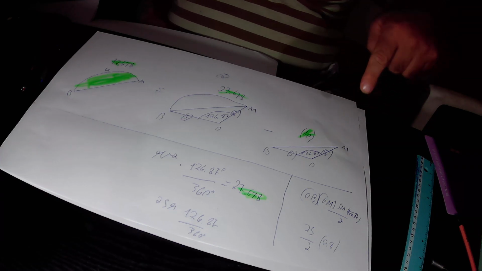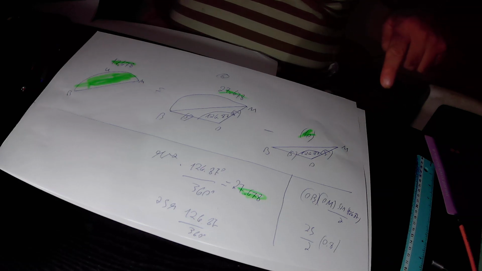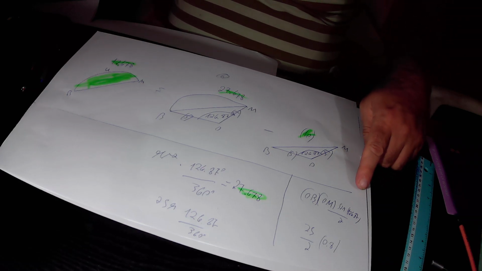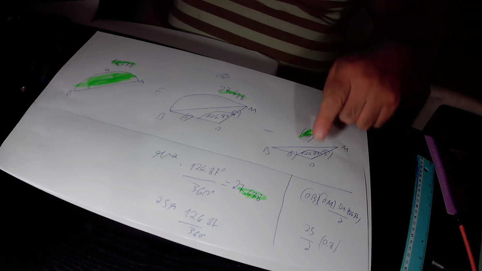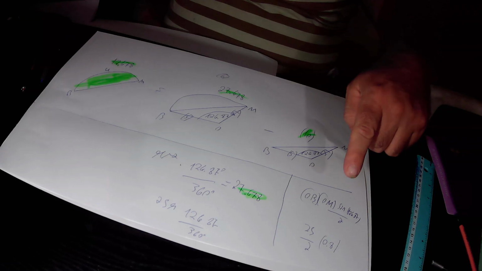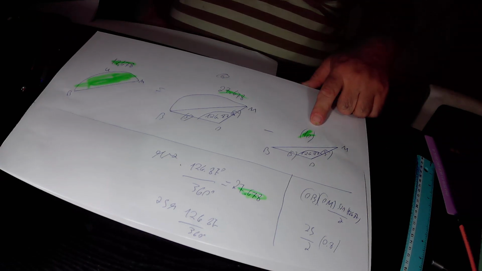BO is 5, OM is also 5, so 5 times 5 is 25, and sine of 126.87 is 0.8, divided by 2. 25 over 2 is 12.5, 12.5 times 0.8 is 10. So in total we found out that the area of this triangle BOM equals 10 square units in its size.